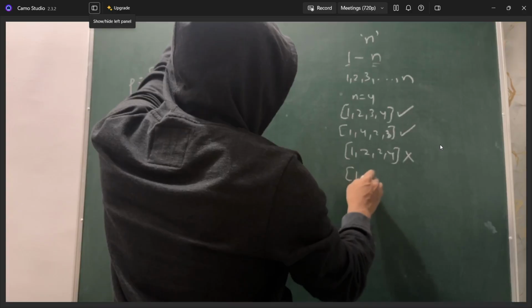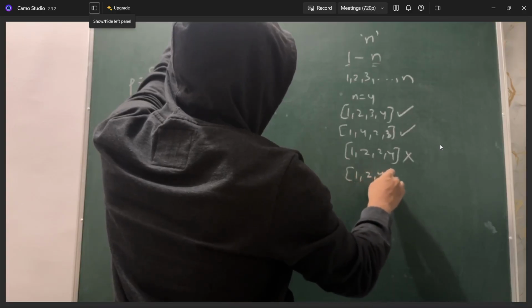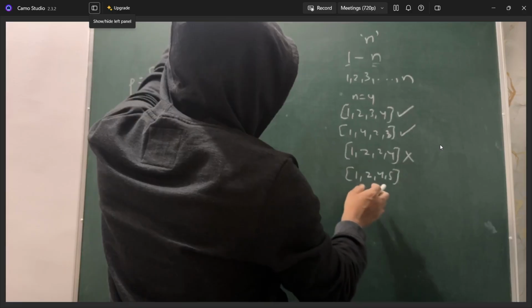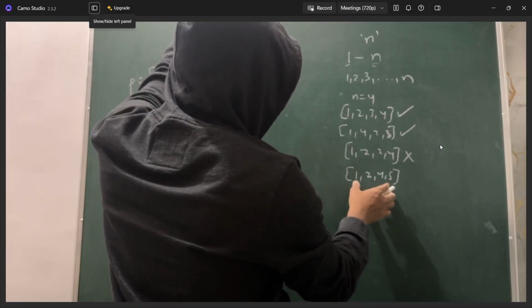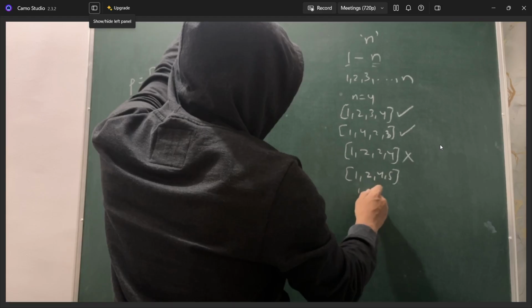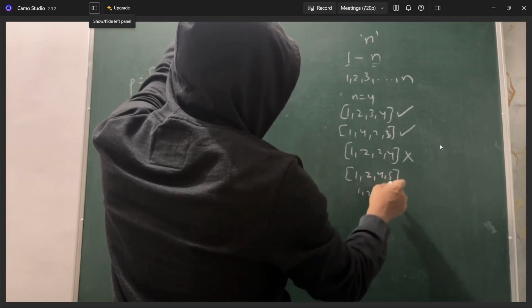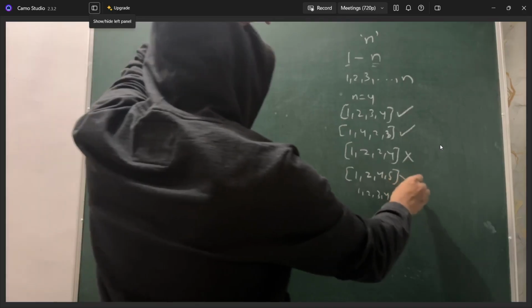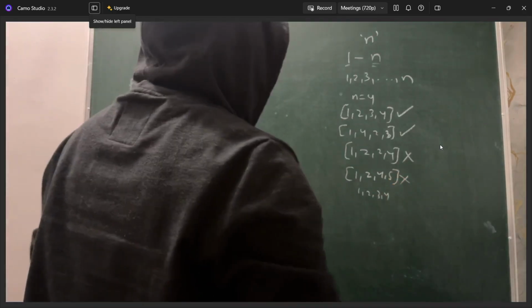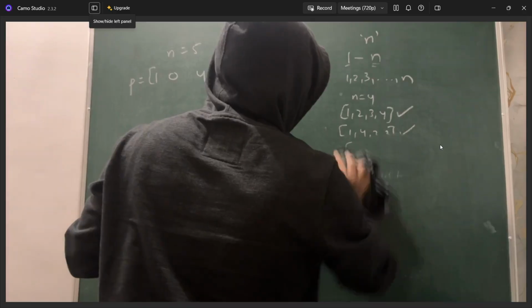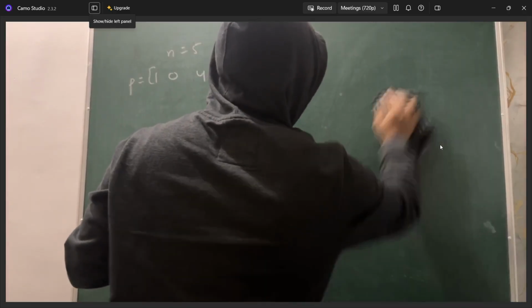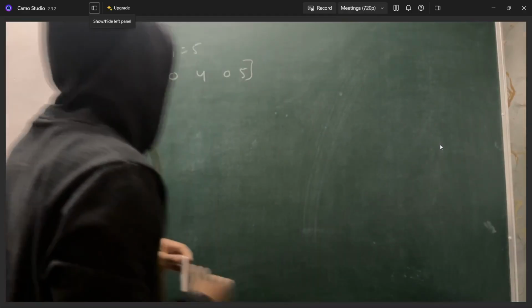Now take 1, 2, 4, 5. The length is 4, but you should have the elements 1, 2, 3, 4 only. 3 is missing and 5 has appeared, so this is also not a permutation. So I think the definition of a permutation is clear, and now you will understand.